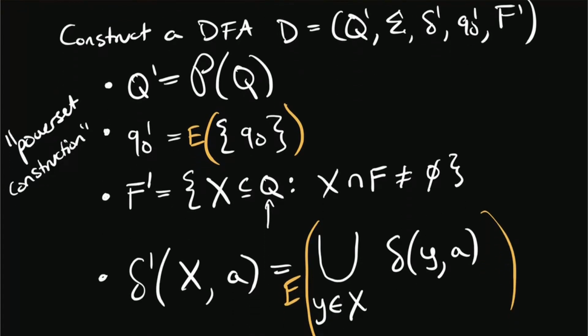Suppose that my NFA has 10,000 states. How many states will my DFA have? If I have n elements in a set, how big is the power set? 2 to the n. So how many states would my DFA have? 2 to the power 10,000.